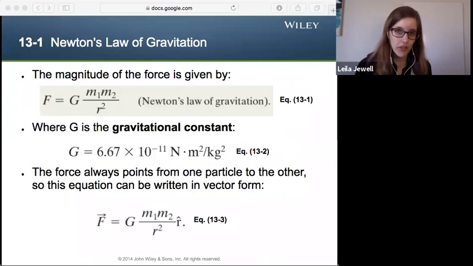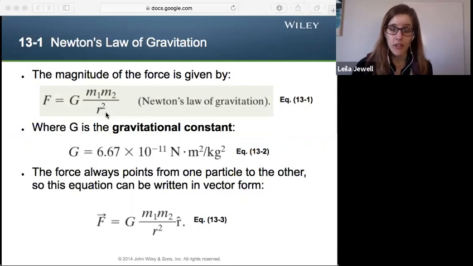So the magnitude of this gravitational force is given by the force is equal to big G times m1 times m2 divided by r squared, where big G is the gravitational constant. This is a universal constant for anywhere in the universe, right? It's not just on Earth.